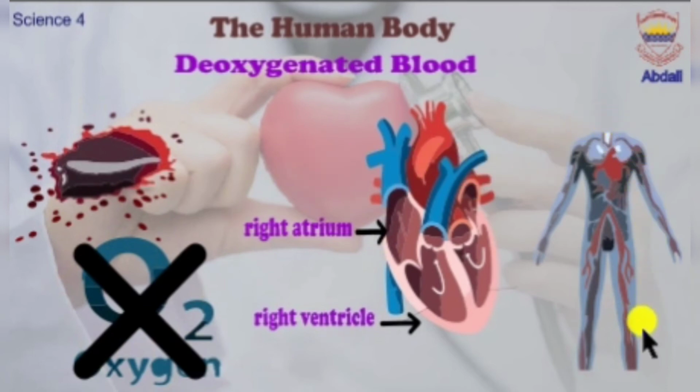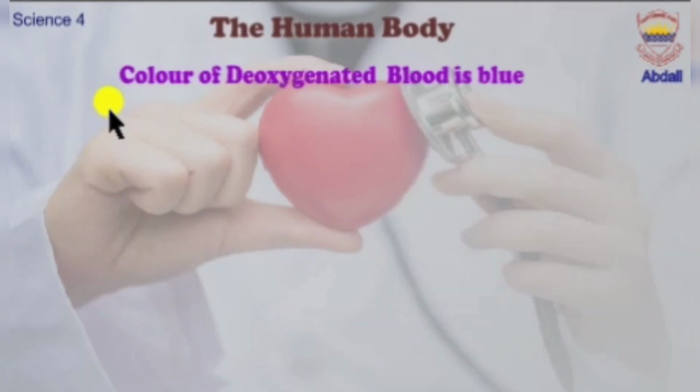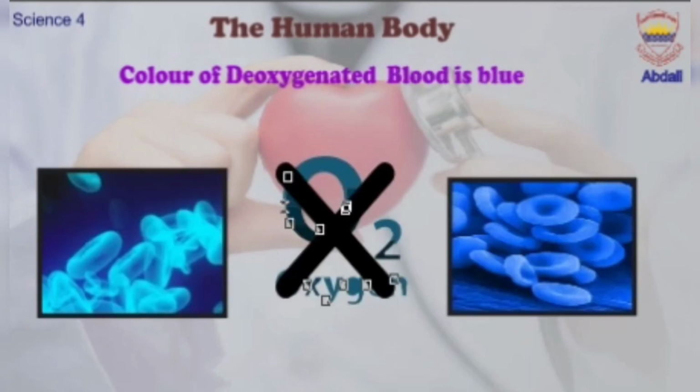Deoxygenated blood is that blood which does not have oxygen. The color of deoxygenated blood is blue, because the blood cells have no oxygen, so the color remains blue.